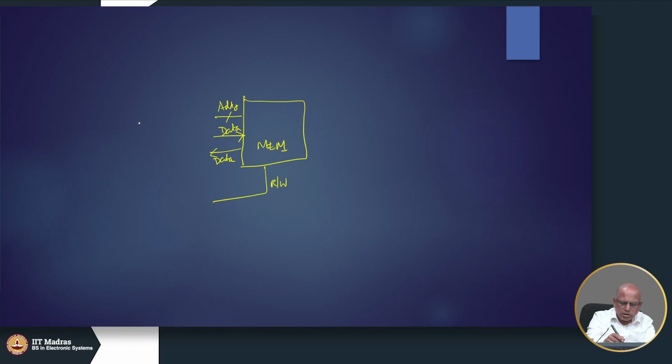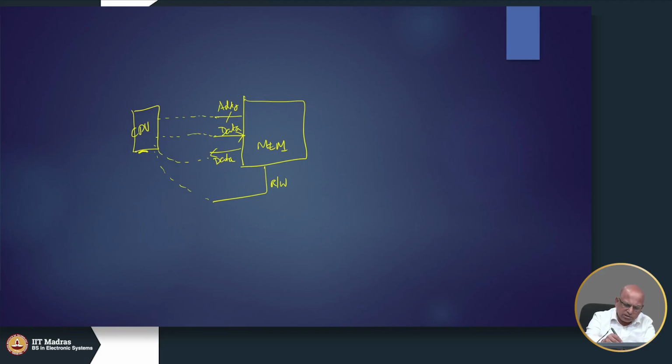So normally there may be a CPU or something like that which generates the address. Normally there is a CPU which writes to this memory, and which reads the memory. And normally a CPU will generate the read write.